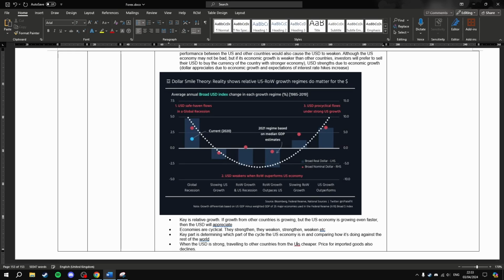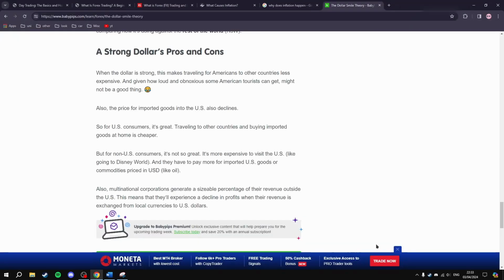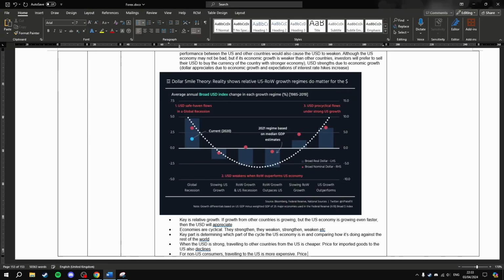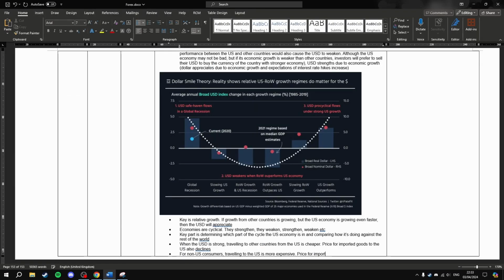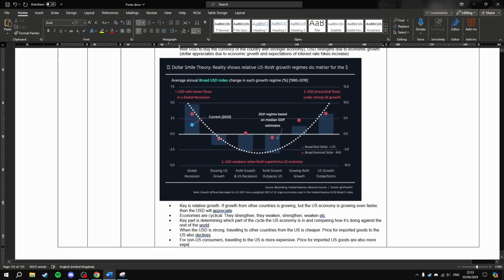For non-US consumers, traveling to the US is more expensive. Price for imported US goods are also more expensive.